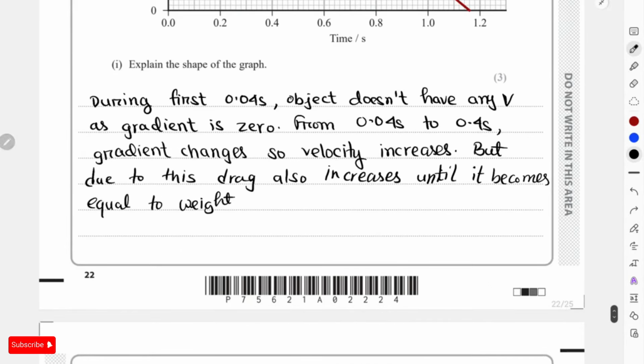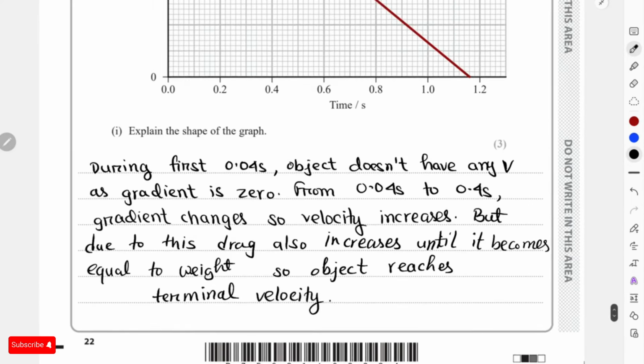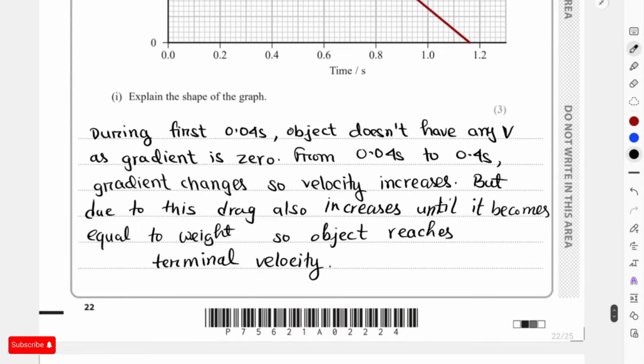So the object reaches terminal velocity. So with this, I think this is 18 part B1, okay? Yeah, 18 part B1 ends.